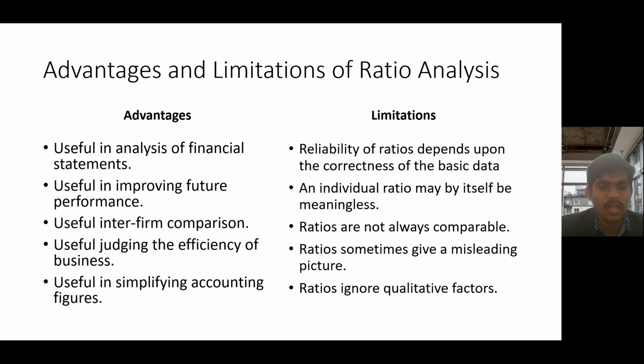So this helps in judging the efficiency of a business by liquidity, solvency, and profitability. These are the three major areas in which certain ratios are used. Based on that, it will understand the efficiency of a business and give the judgment.